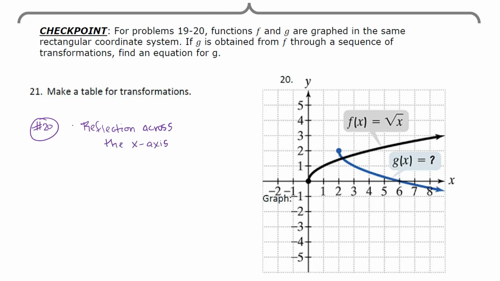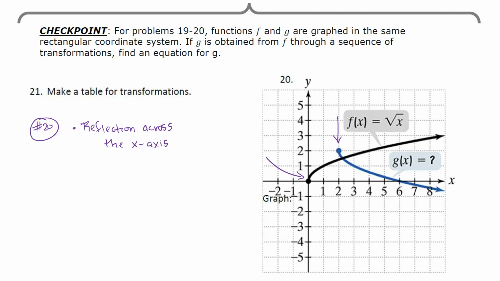Now, we also notice that there is some sort of shift because, again, my initial point was 0, 0, and now it's the point 2, 2. So not only is there a vertical shift, but there is also a horizontal shift. So my graph is moving up 2 and it's moving to the right 2 too. So there's a shift that's occurring to the y and to the x.